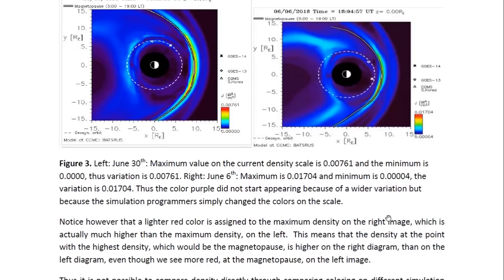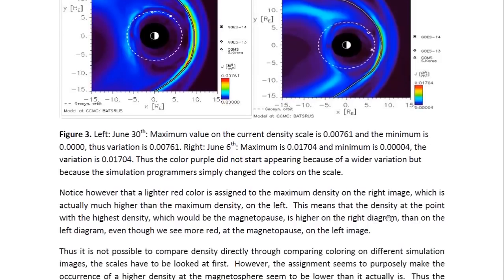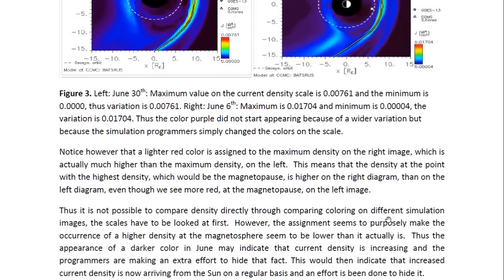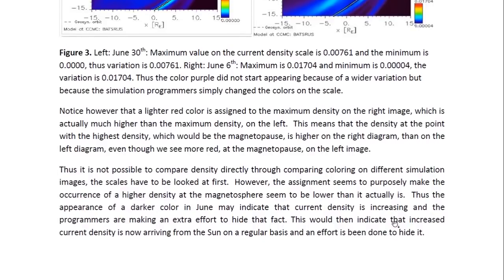So the way these colors are being assigned is counterintuitive, first of all, and they actually seem to imply that there's an effort that has been made to hide higher densities, because that's what it tends to do.